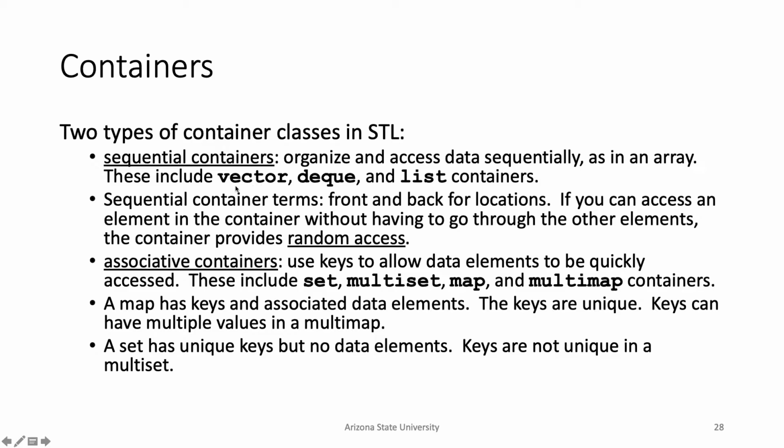Vector is an example of a sequential container because when I'm putting things into the vector, they are, in our mind, sequentially located in memory. So it's like an array. There are contiguous places in memory. If I want to put an integer in some place, it's contiguously located next to all of the other integers in the container. So it's a sequential container.